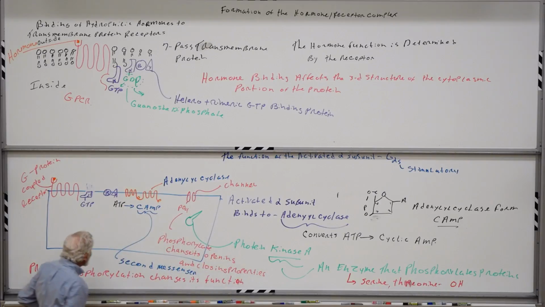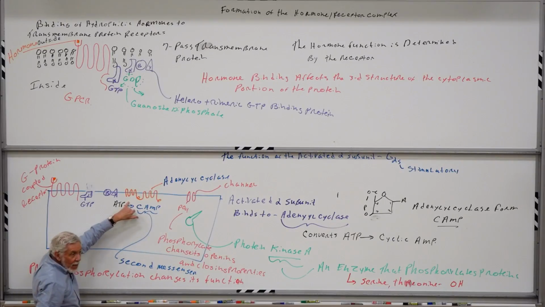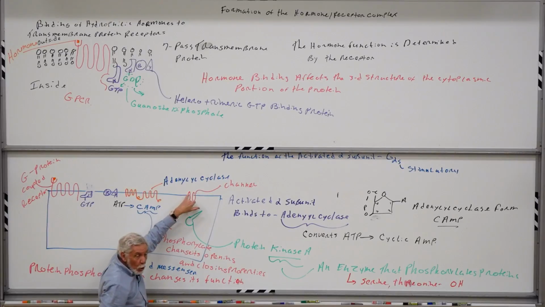So there's a classic example of how we use a G protein coupled receptor to activate an enzyme, adenylyl cyclase, that in turn affects the probability of a channel opening and closing.